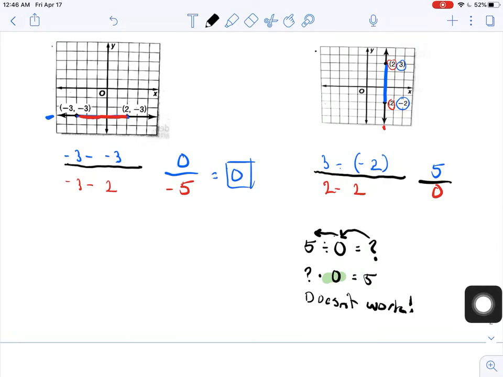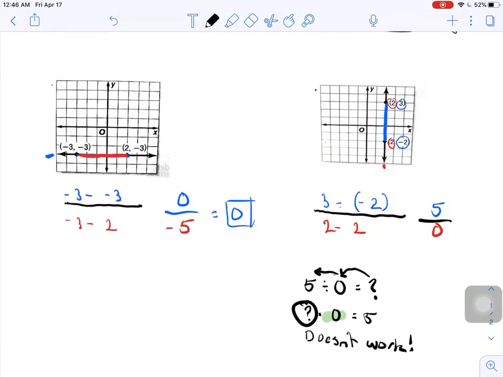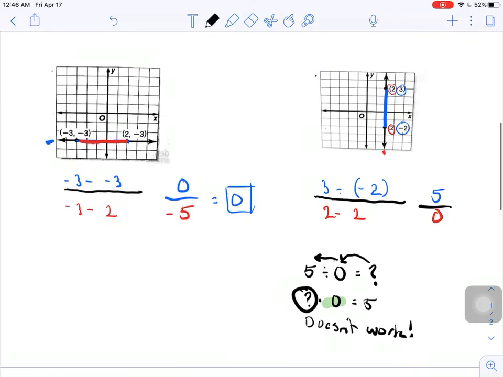So there is no number that I could put here that when I multiply it by 0, I will magically get 5. So this up and down graph, it exists. You can have a perfectly vertical line on a graph, but there's no number to represent that slope or that rate of change because we're kind of breaking the rules of math.